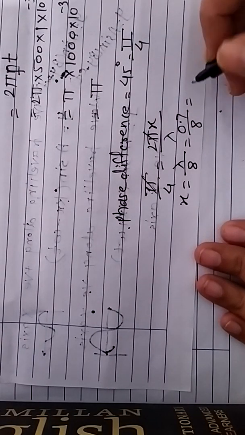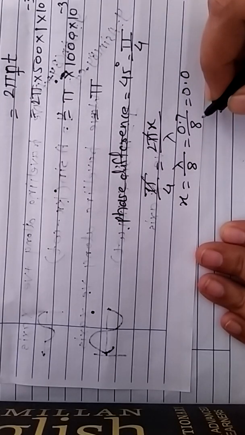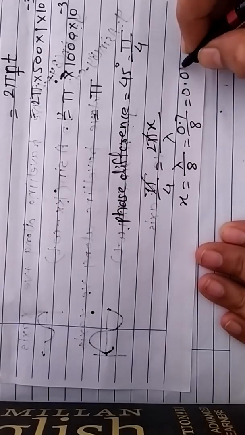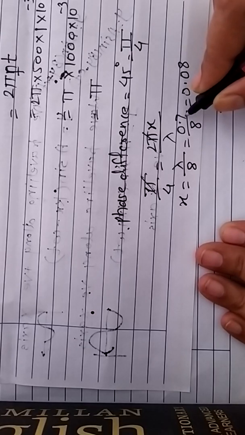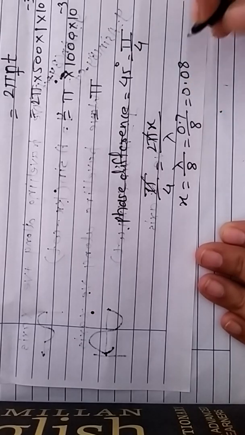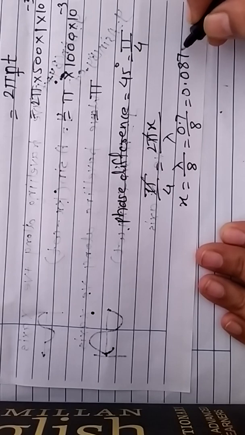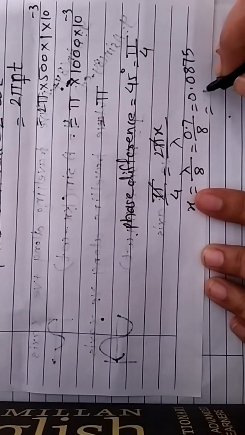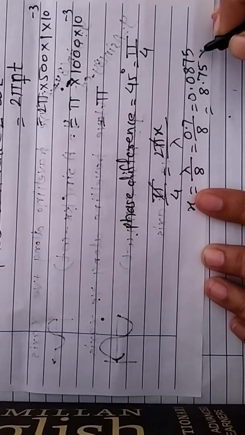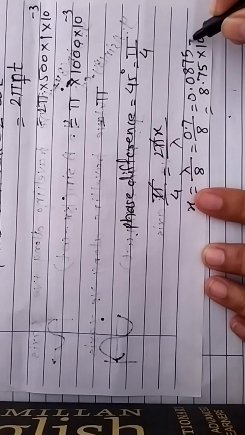We get the value by dividing 0.7 by 8. 8 8s are 64. 64, carry on 6. 8 7s are 56, 4 remain 4. 0.0875 meter, which means 8.75 into 10 raised to minus 2.